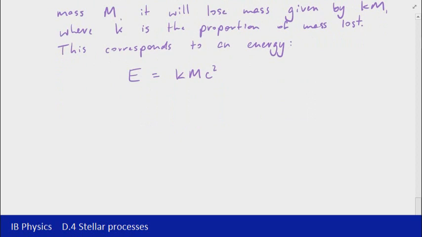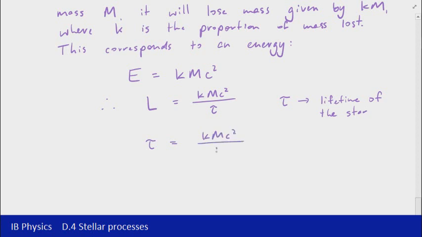And if that's the amount of energy, we can then say that the luminosity would be given by kMc squared over tau, and we're going to use tau here to indicate the lifetime of the star. So the total amount of energy that's being lost corresponds to the energy being radiated over the lifetime of the star. And rearranging that, we can then express the lifetime as kMc squared on L.